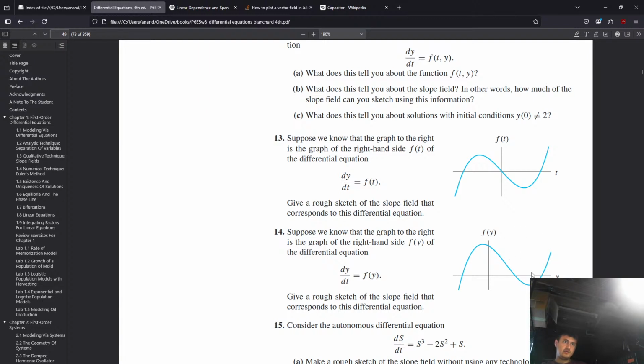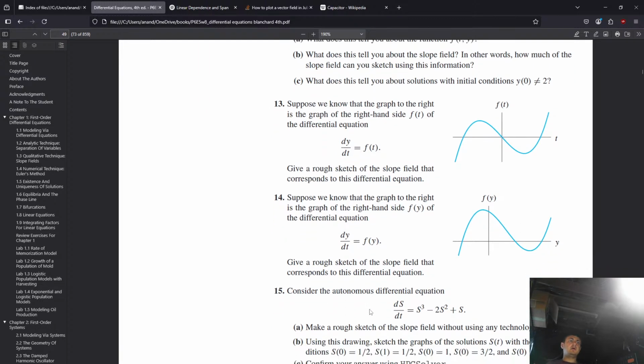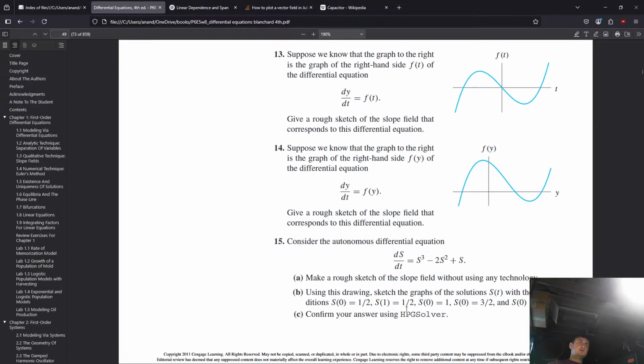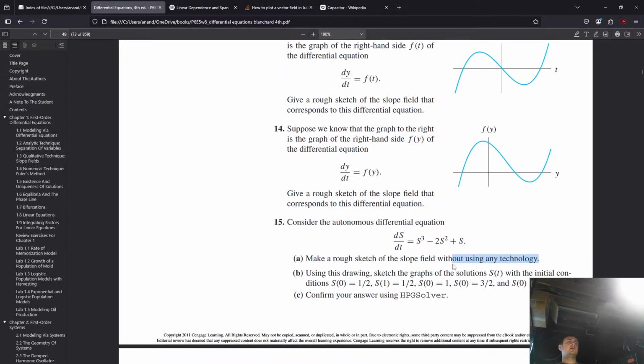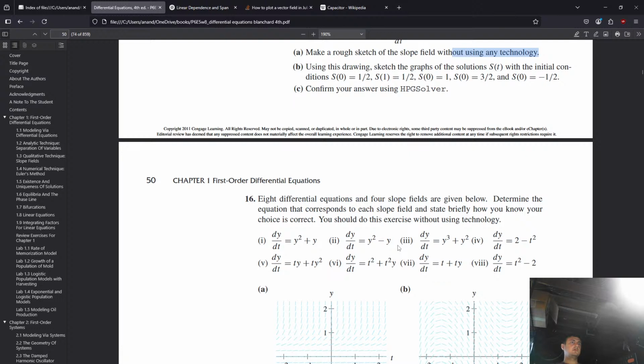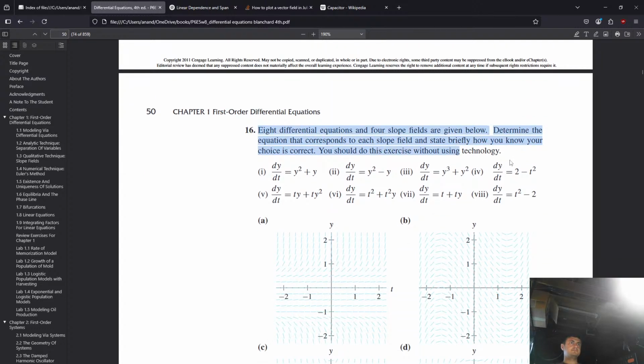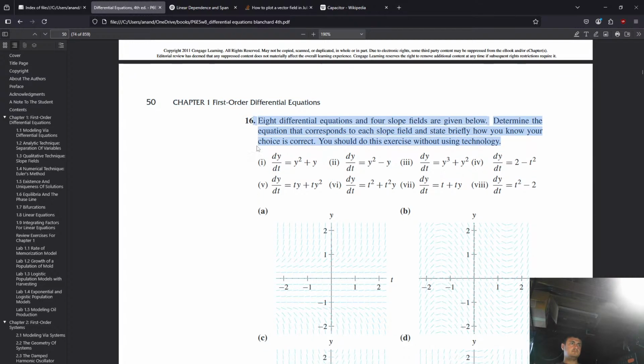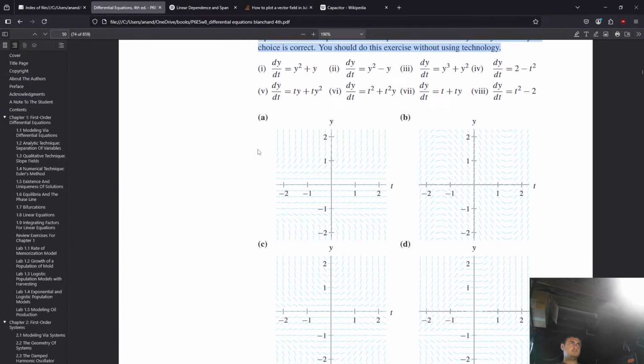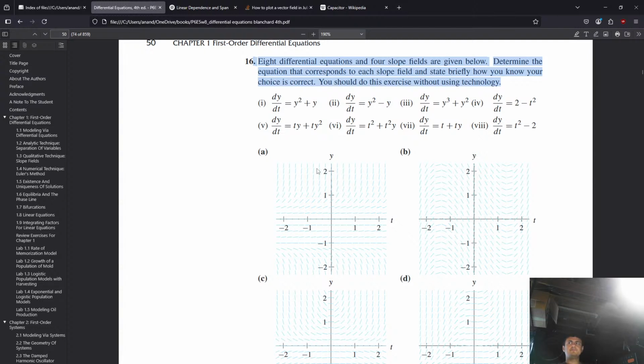So then it's got to be periodic or something. Without using any technology. We could probably do this one right now.